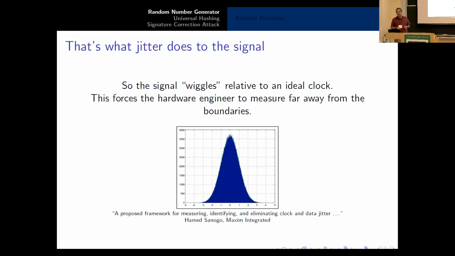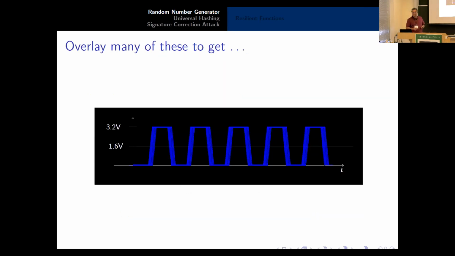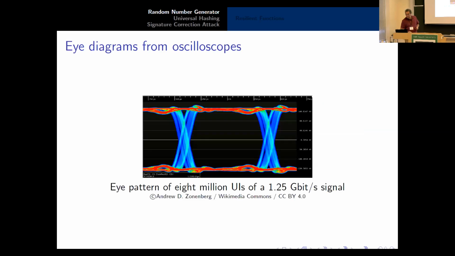Not surprisingly, like in many physical things, we see a Gaussian distribution of the edge's precise location centered around the ideal location. And the standard deviation is tiny. It's small, really. So you see tiny variations if you overlap these signals. And this is the zone where we have essentially a non-deterministic signal, right? It's varying, and if we're able to sample from that, we might be able to get random bits. So that's the idea behind this random number generator.